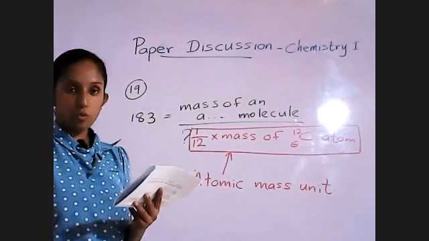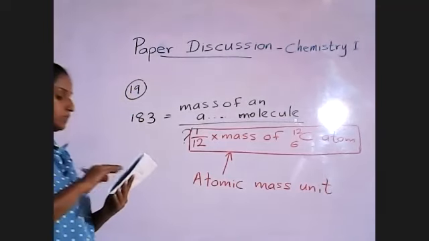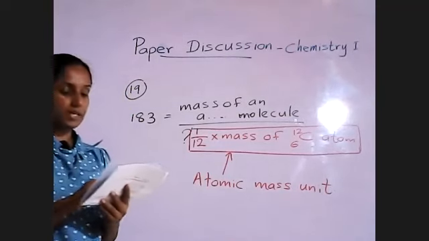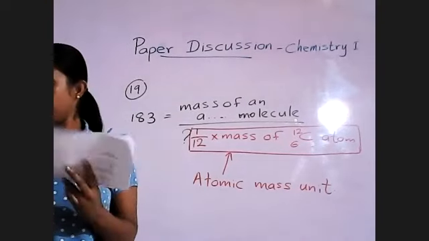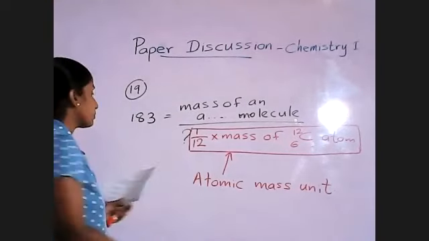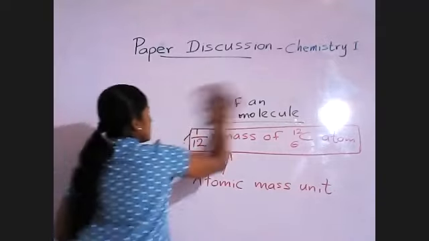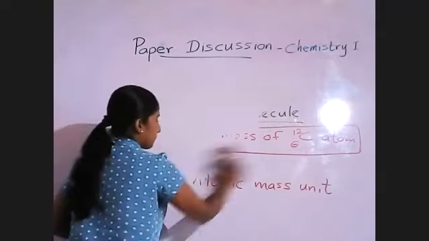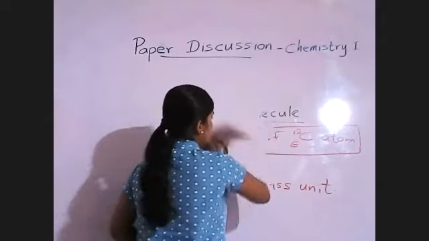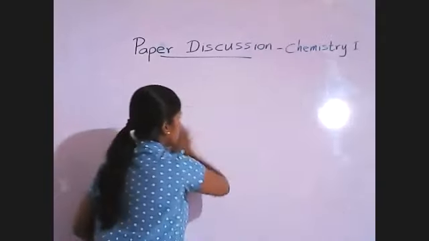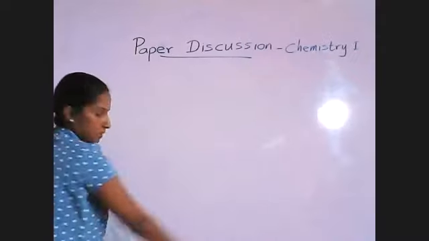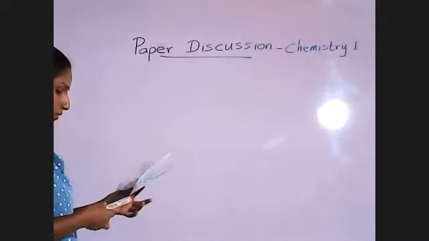HCl is a strong acid. Select the option which indicates the increasing order of their pH value.